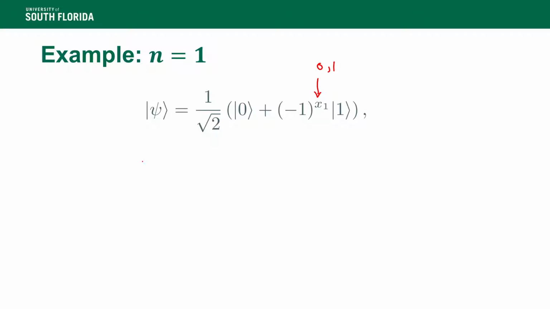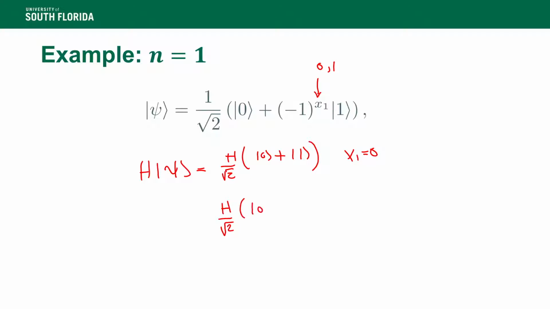Then notice that if you do H times psi, what you're going to get is 1 over square root 2 times (0 plus 1) in the case of x1 equals 0, and (0 minus 1) in the case of x1 equals 1.